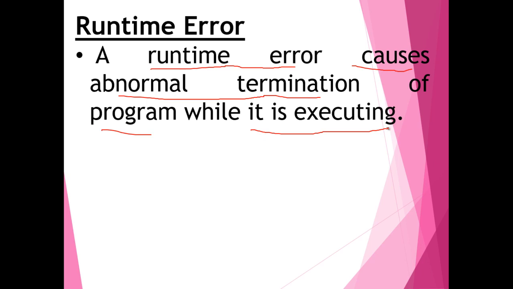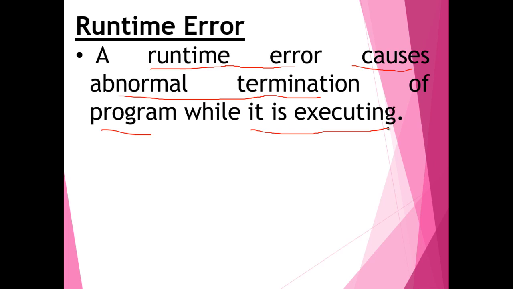It means when I create the program and try to execute it, no error will be shown, but once the program is executing, the runtime error arises and our program terminates in between. So our program didn't complete and just terminated in the course of execution.